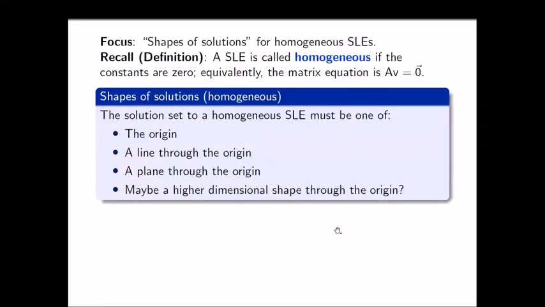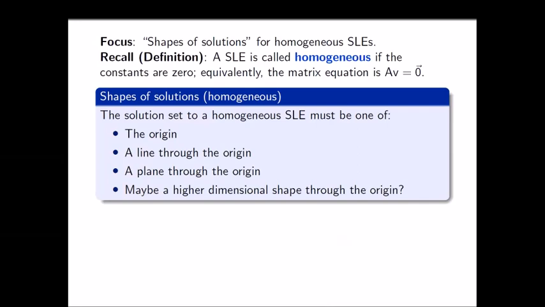So now in this episode, we're going to focus on shapes of solutions for homogeneous systems of linear equations. So recall that we call a system of linear equations homogeneous if all the constant terms are zero. In other words, the corresponding matrix equation is A times the vector of variables equals the zero vector.